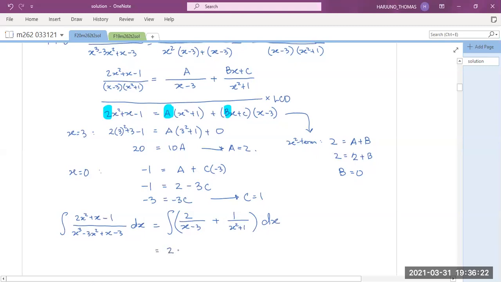Therefore, this is 2 natural log of absolute x minus 3 plus, what is the integral of 1 over x squared plus 1? Anybody remember?